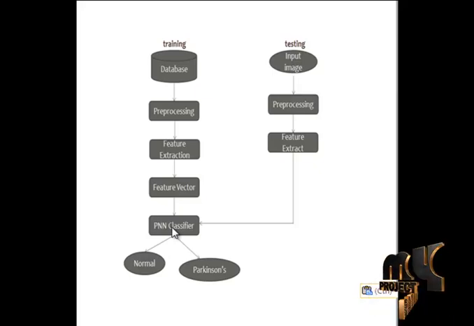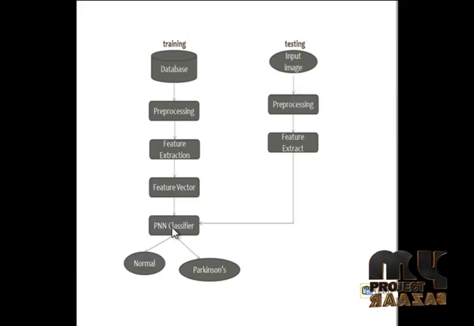The second layer sums the contribution for each class of the inputs and produces its net output as a vector of probabilities. Finally, a compete transfer function on the output of the second layer picks the maximum of these probabilities and produces a 1 for the targeted class and a 0 for the non-targeted classes.